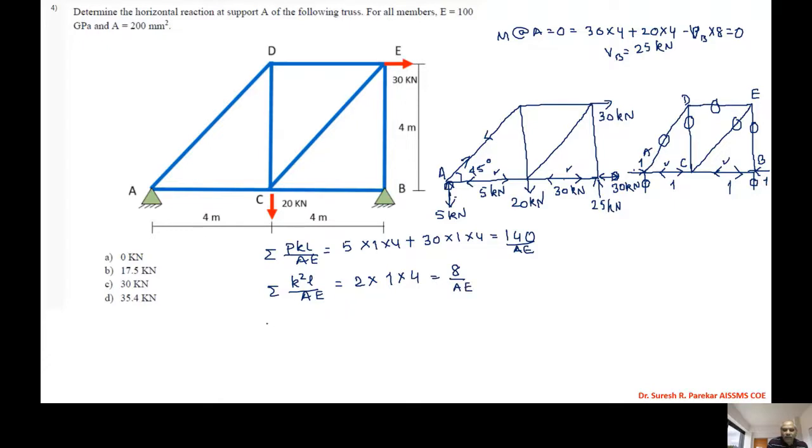Then the value of R is minus summation PKL upon AE divided by summation K square L upon AE, and we will get it as minus 140 upon 8, and then we will get this as minus 17.5 kilonewtons, and this will be the B answer, so we have fourth, B.